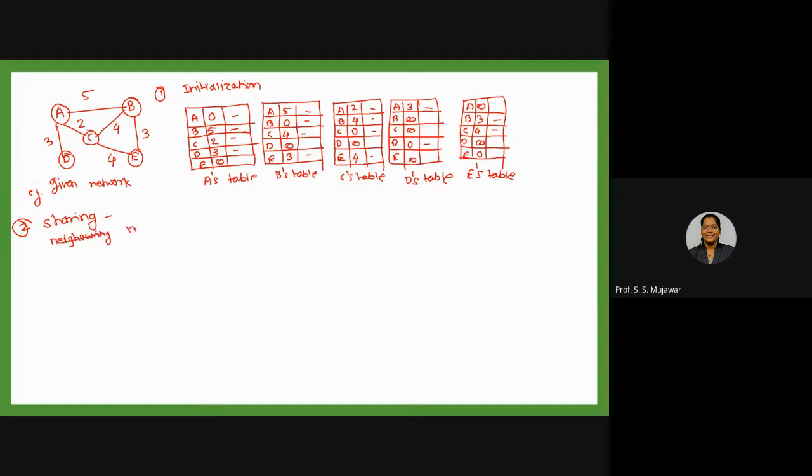Neighbors will be sharing routing tables for 2 columns, node and the cost. Okay, only 2 columns will be shared. Now in the third step, this is the updating step.